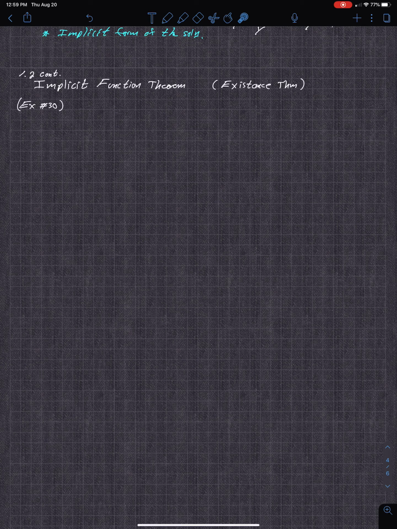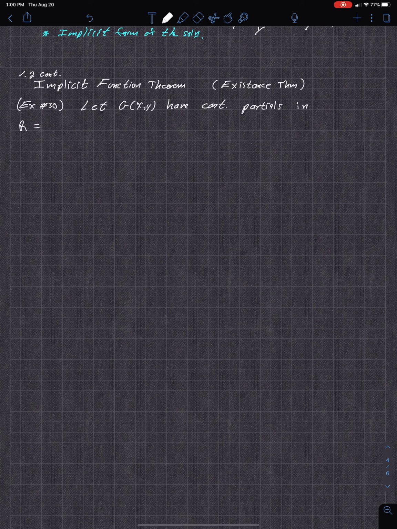So this is talked about in example 30. It doesn't really matter. No need to really dive into this, but I need to show you what this is talking about. So first, let g of x, y have continuous partials, and then it's defined in a rectangular region.